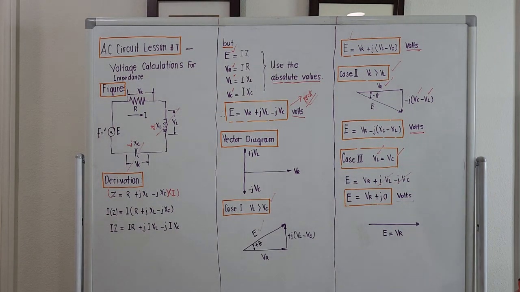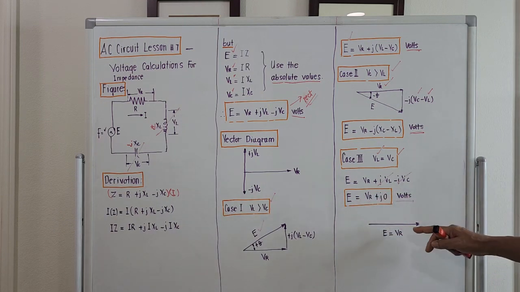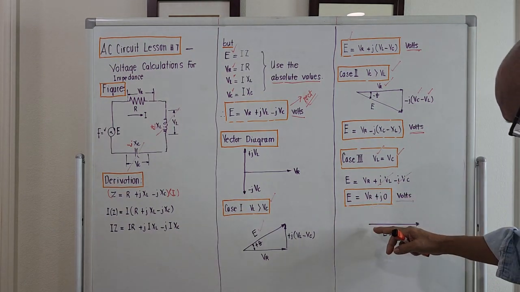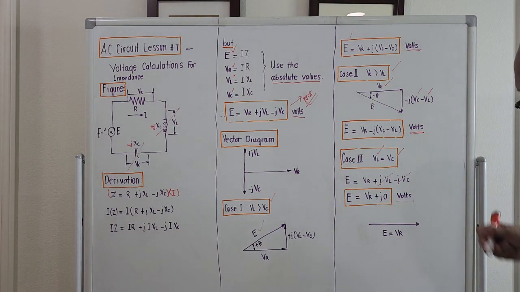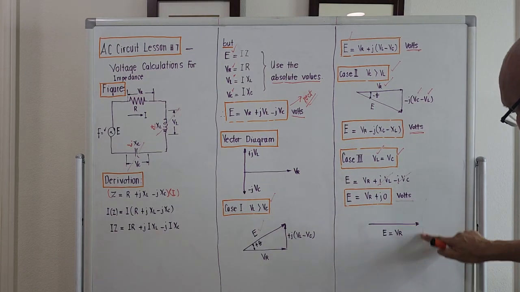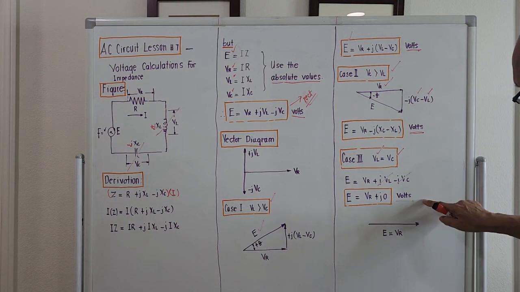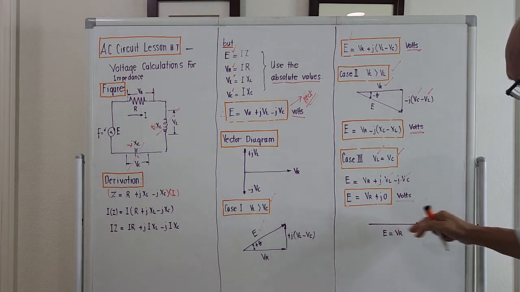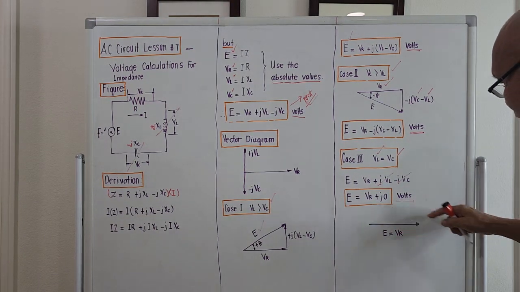If you bring out the vector diagram of the voltages, the component is just V sub R, and the imaginary part is 0. No upward, no downward, it is 0. So actually, we do not have a right triangle. What comes out is just E equal to V sub R, a horizontal part.